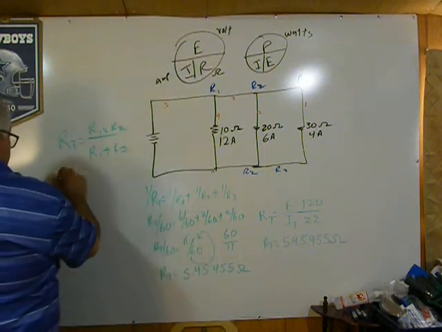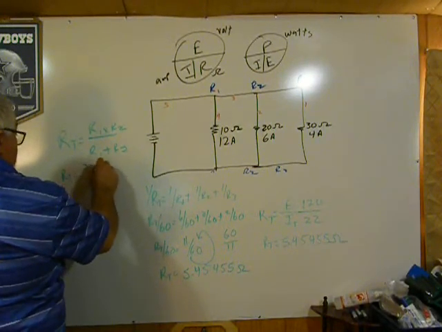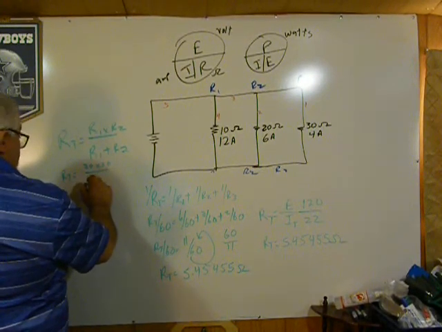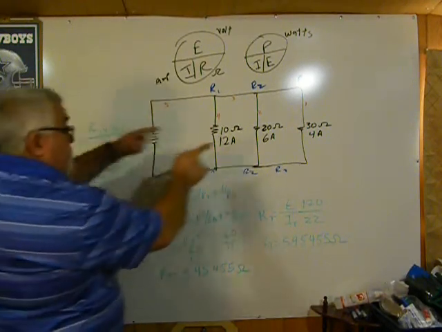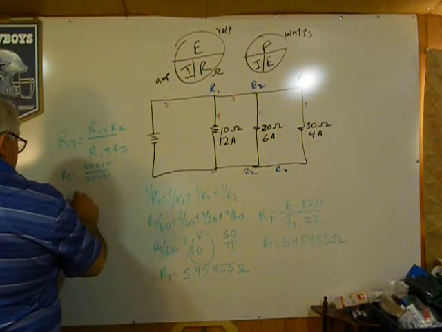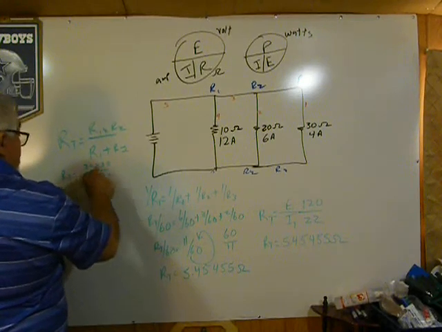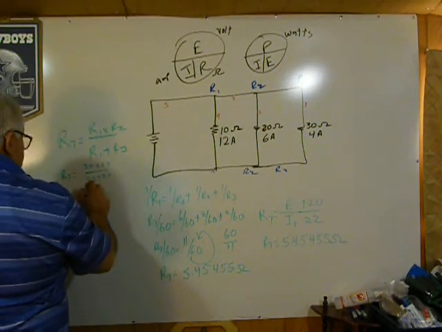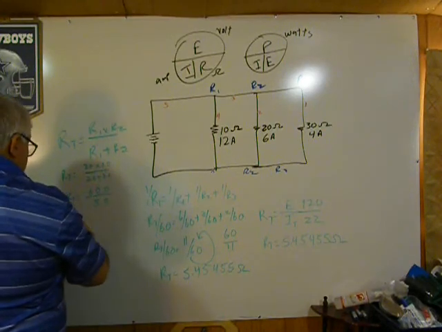Okay. Now, how do we use this formula? So, come over here. RT equals 20 times 30 over 20 plus 30. I'm going to go to the end, and we'll start there and work back. RT equals, so that is 2 times 3 is 6, so 600 divided by 50.